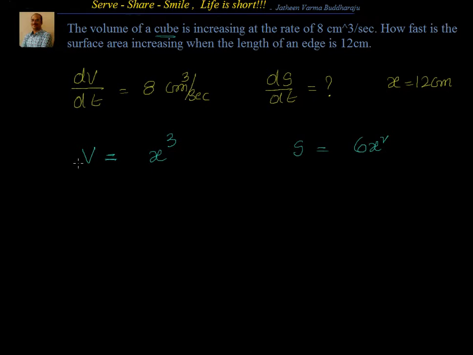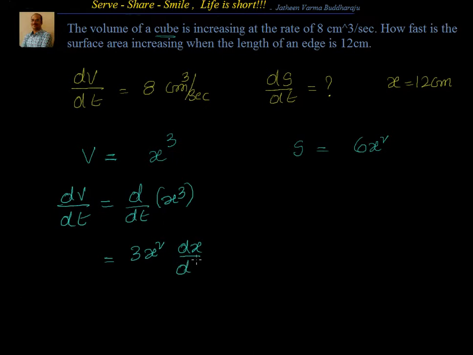Now, given to us dV by dt is 8 cm cube per second, and we have to find dS by dt. Let's go ahead and differentiate this first. We differentiate with respect to time because we know dV by dt. So dV by dt is equal to d by dt of x cube, which is 3x square times dx by dt.